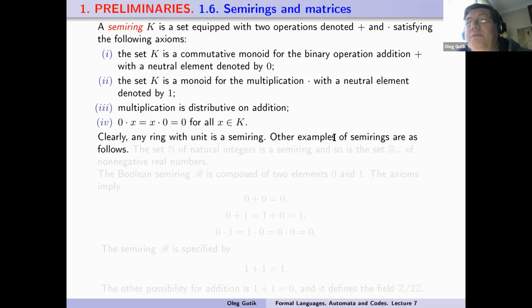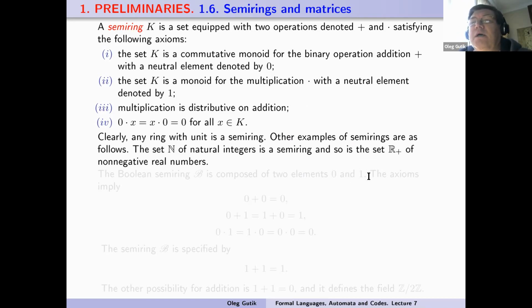Another example of semirings is as follows. The set of natural integers is a semiring, and so is the set of positive real numbers.